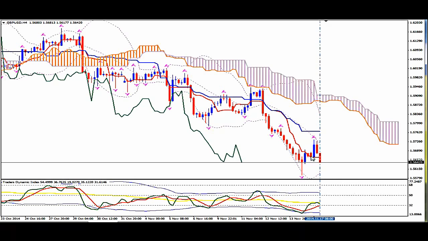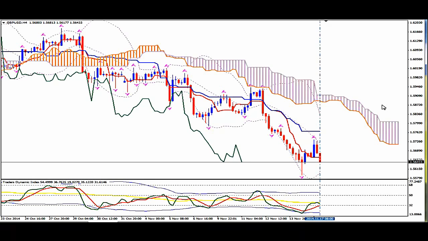If the price breaches this level and goes below it, of course we will have a strong bearish cross of the TDI. That would be indicative that the pair wants to go much lower. But this is not the picture I'm getting from what I see.